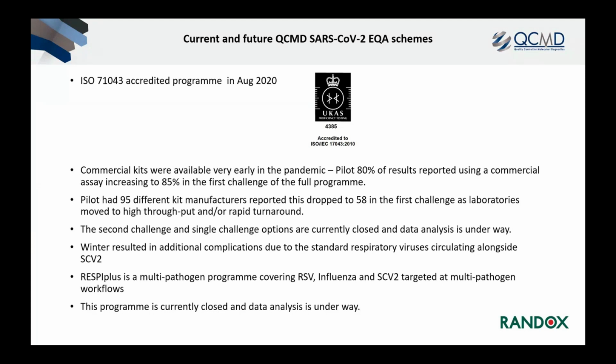As I said, the commercially available kits were available very early in the pandemic, with about 80% of returned commercial results in the first pilot, and this rose to 85% in the first challenge of the full programme. Also, the number of different manufacturers and different kits available was huge. There were over 95 different manufacturers in the first pilot.